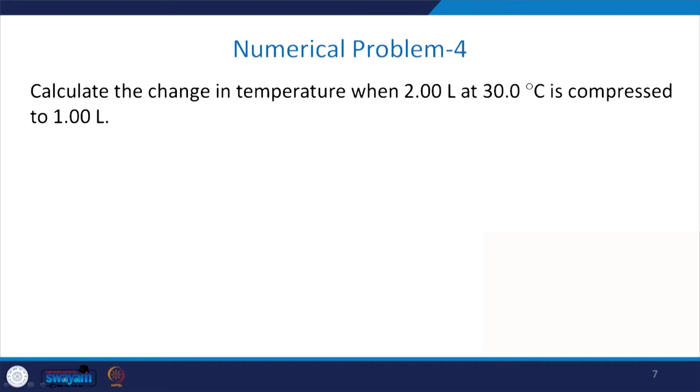Now let us take up another problem: you need to calculate the change in temperature when 2 liter gas at 30 degrees Celsius is compressed to 1 liter. Now here you see that we will utilize V1 over T1 is equal to V2 over T2, so 2.0 liter over 303.15 Kelvin is equal to 1.0 over x.